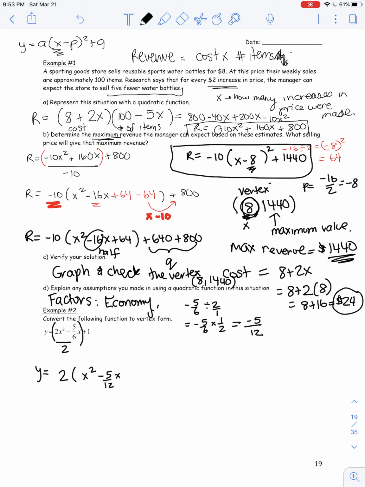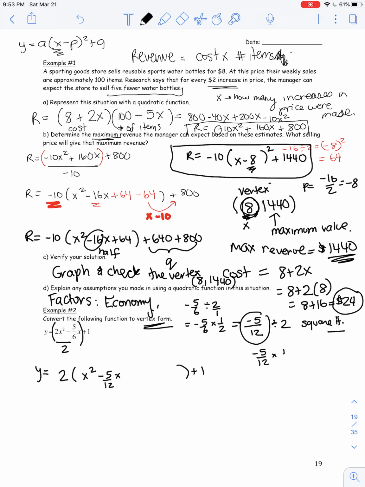So we're going to write negative 5 over 12x. We're going to leave a bunch of space here, and then we're going to put this plus 1. The next thing we do with this number is we always have to take half of this number, meaning we have to divide it by 2 again, and then we have to square it. This is our procedure whenever we're trying to go to vertex form. So again, we're going to repeat what we just did.